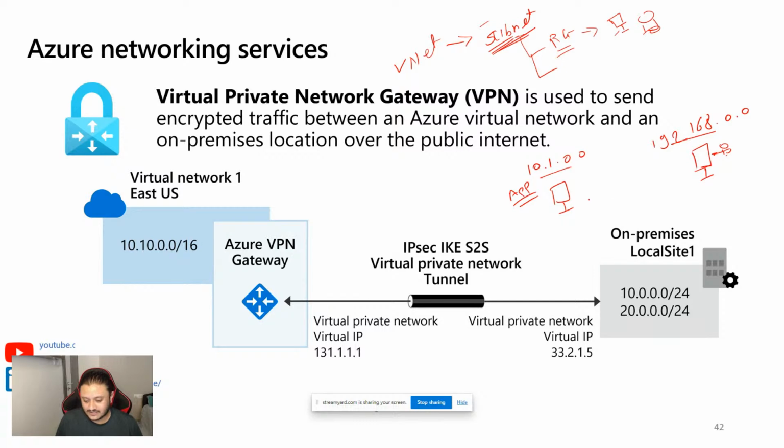To mitigate this challenge, we need to create the pairing, vnet to vnet pairing. Once you create this pairing between these two vnets, the resources that you have in these two vnets are able to reach out to each other.